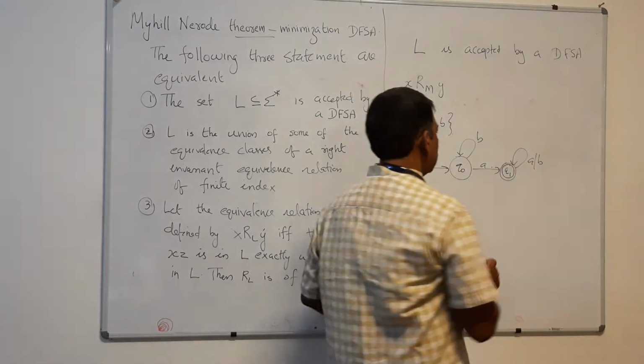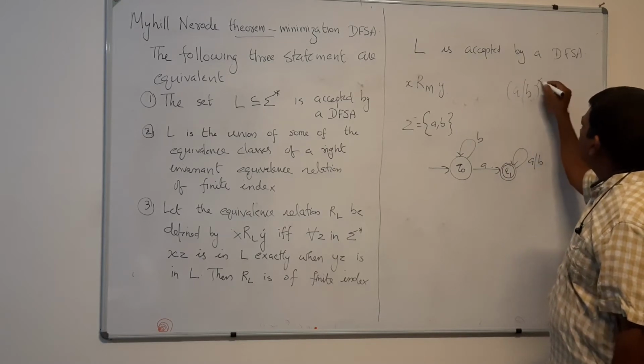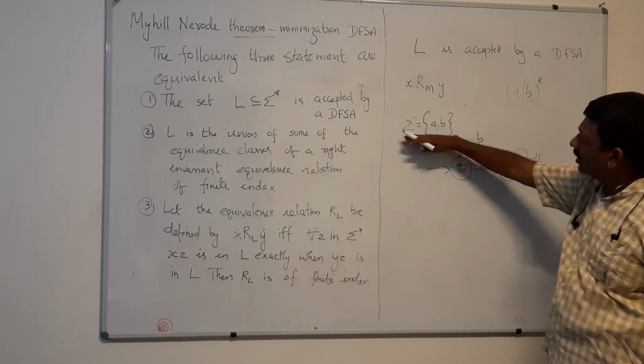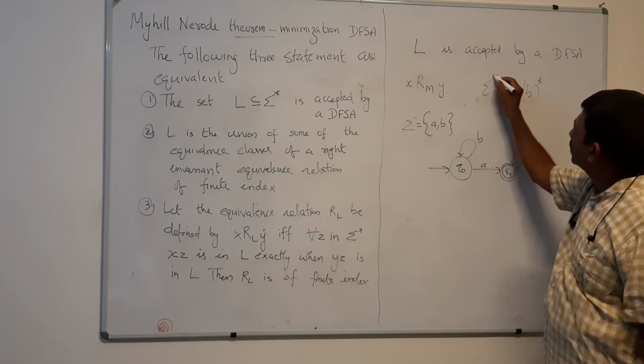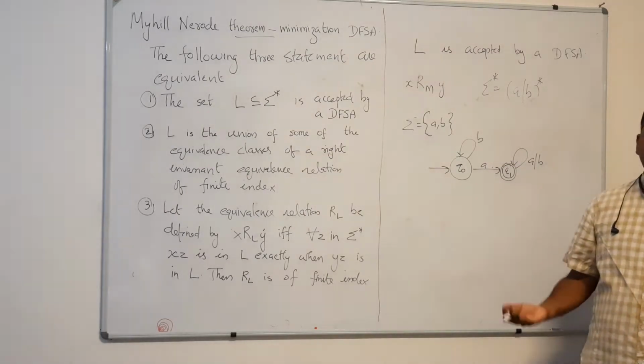That means this is (a or b) star, the entire set, sigma star, strings having a and b.